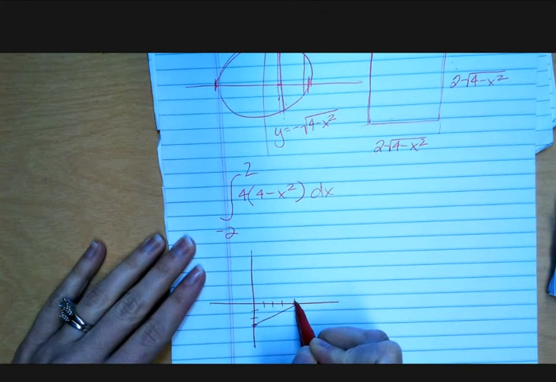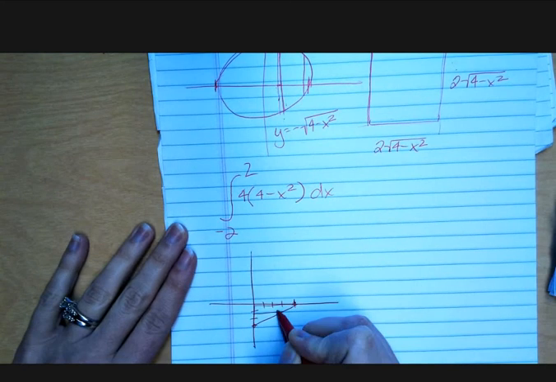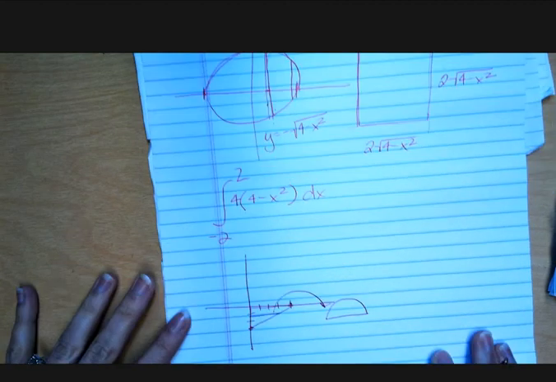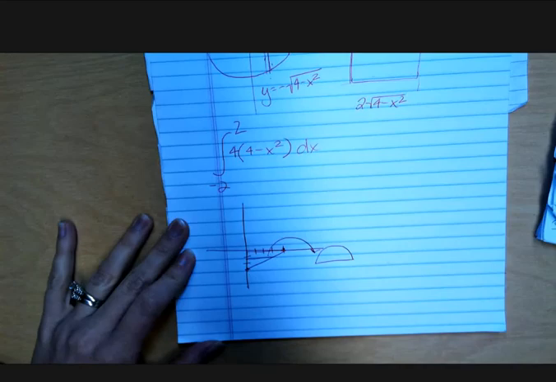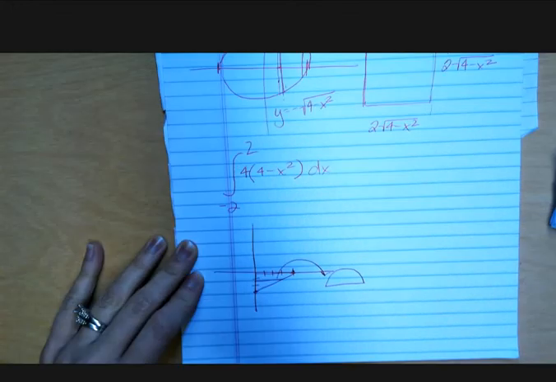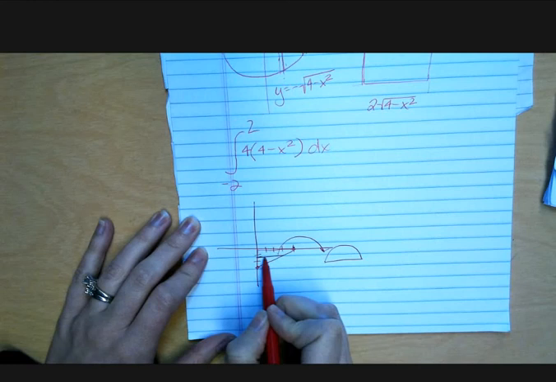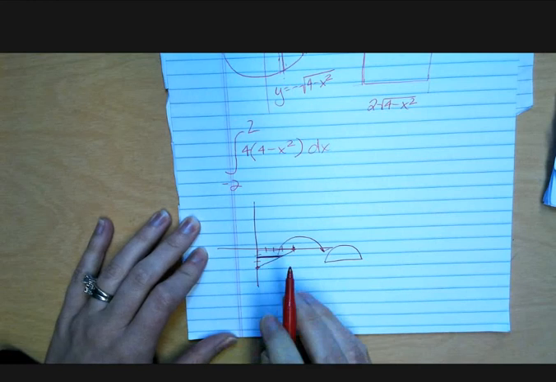The radius is going to be half of that, so 3/8 x minus 3/2. It's not all the way, that would be the diameter.